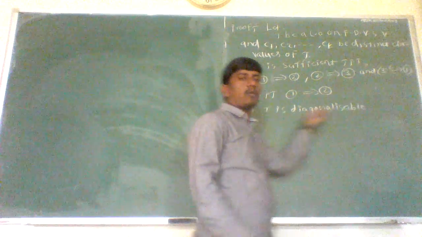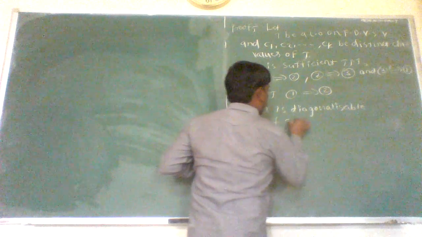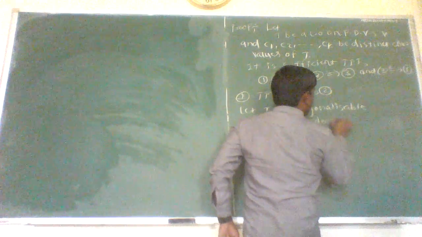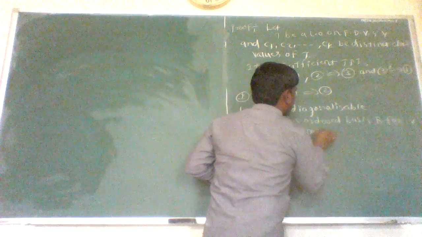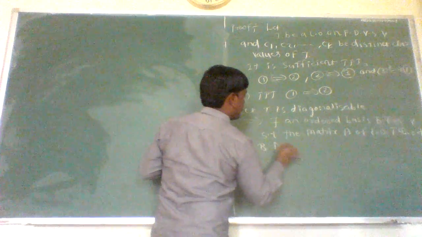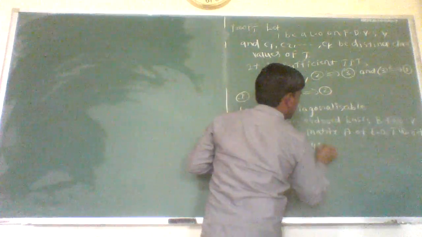As T is diagonalizable, there exists an ordered basis B for the vector space V such that the matrix A of T with respect to B is a diagonal matrix.